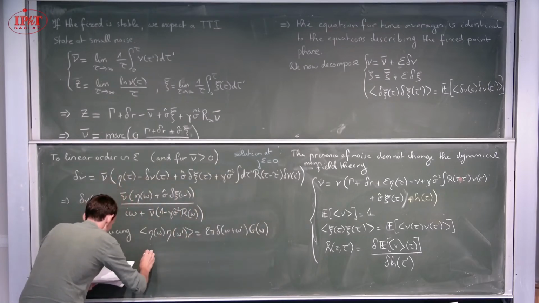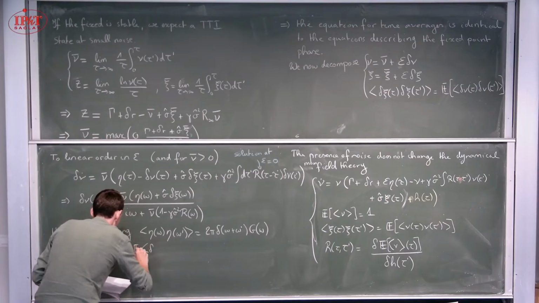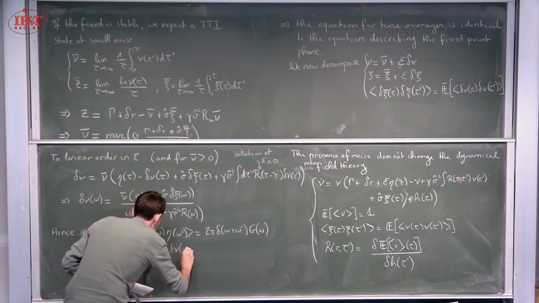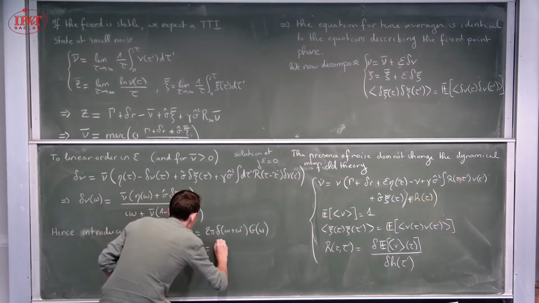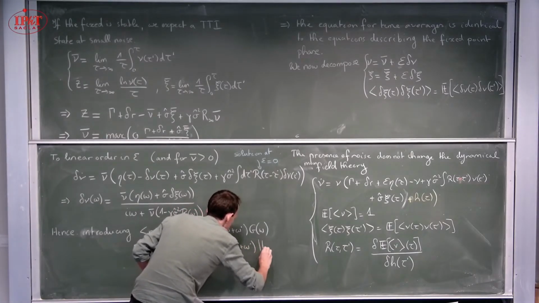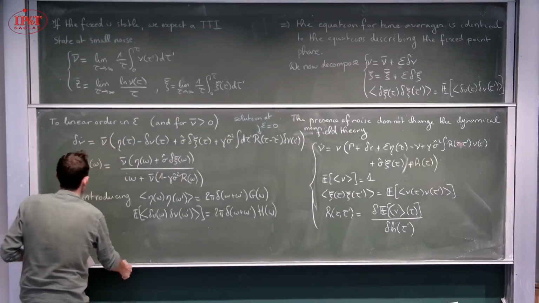That's for the external noise. For delta nu, I'm going to write it as h omega.